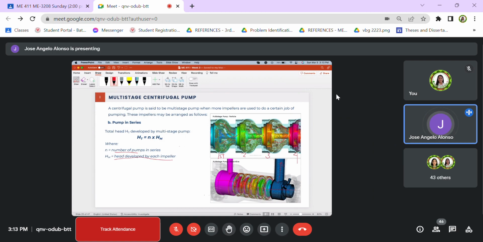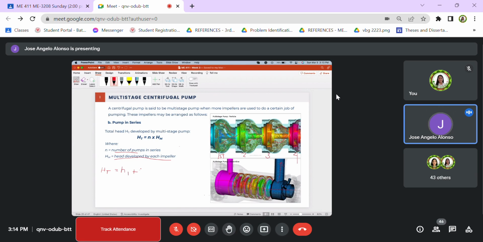If iba-iba yung head na de-develop ng each impeller, then what we can say is that the total dynamic head or total head is equivalent to head of the impeller 1 plus head of the impeller 2 plus head of impeller 3 and so on so forth depending kung gaano kadami yung nakakonect na pump in series.